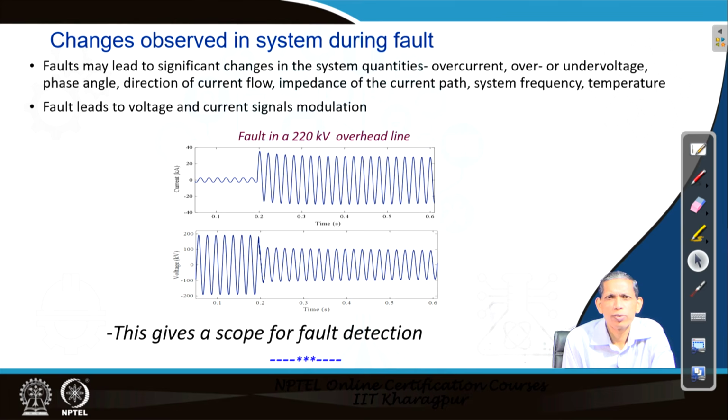So, the fault should be removed as early as possible, and the faulted part should be isolated from the rest of the system, so that the other part of the system remains intact and functions in the usual manner.